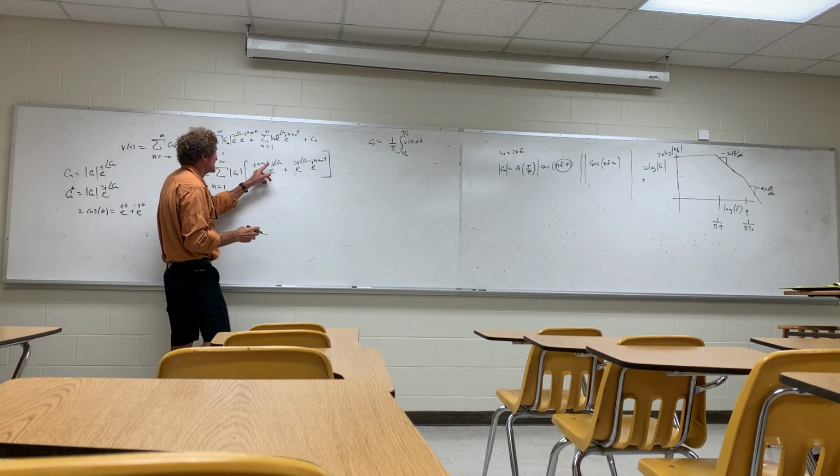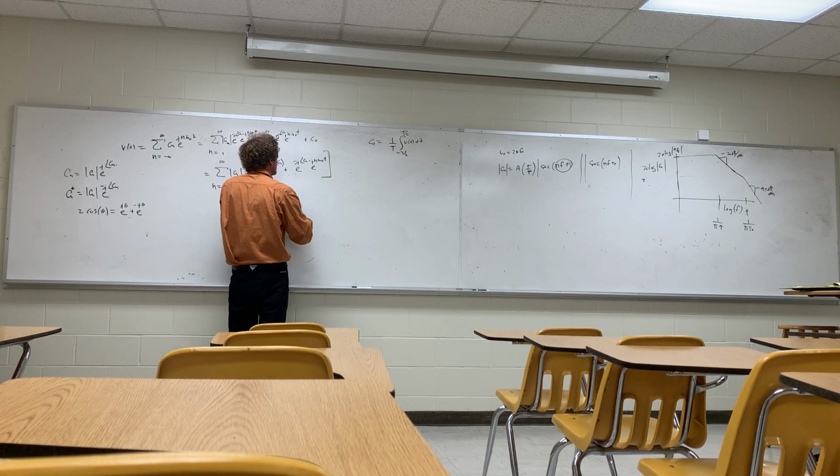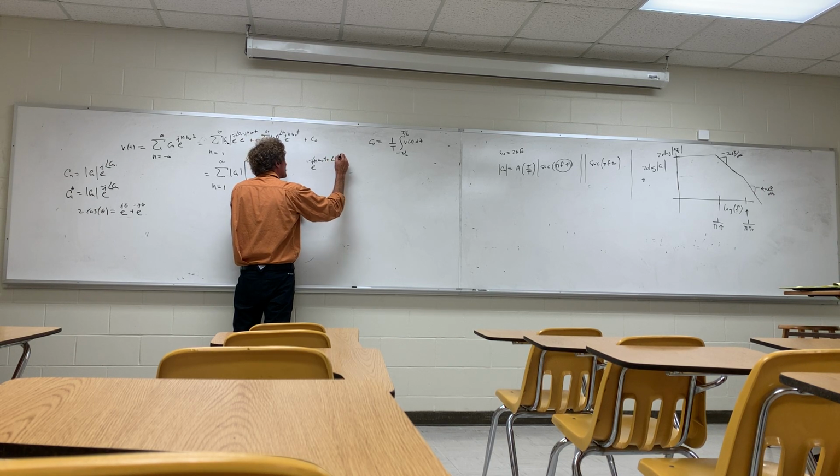And I actually can put that C of n inside here. I can get rid of that j here and just put plus as such, and get rid of that minus there. Minus j n omega naught t plus angle of C of n.